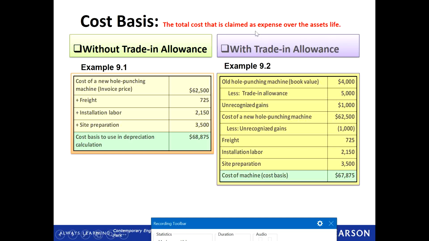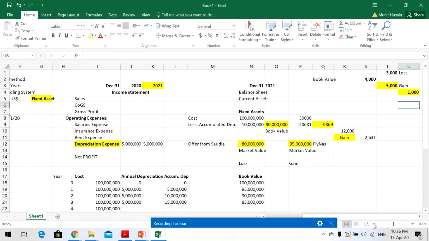This is needed when you have a trade-in allowance, when you are replacing an old machine and getting some discount. In that case, you have to see whether you have a gain or a loss. When you have a gain like this one, you subtract it from the cost. Imagine instead they give a discount of 3,000.